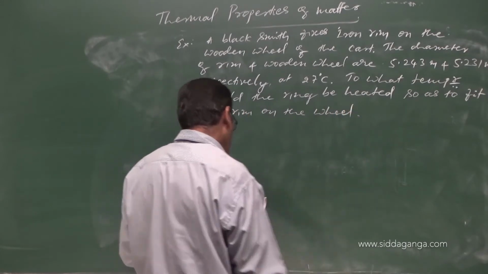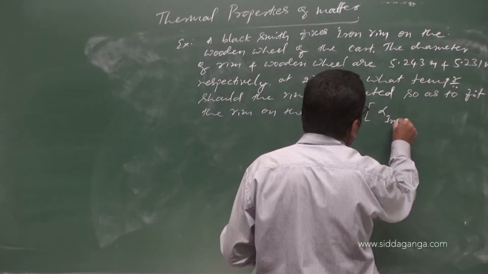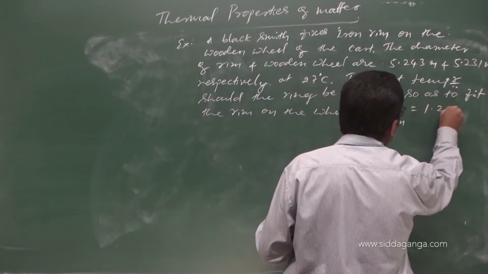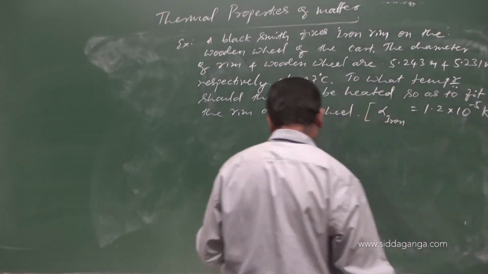Here they have given alpha of iron is equal to 1.2 into 10 raised to minus 5 per Kelvin.